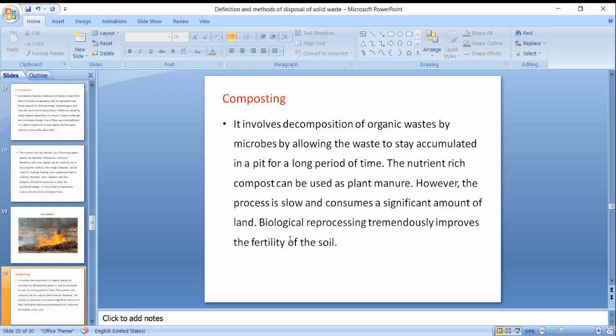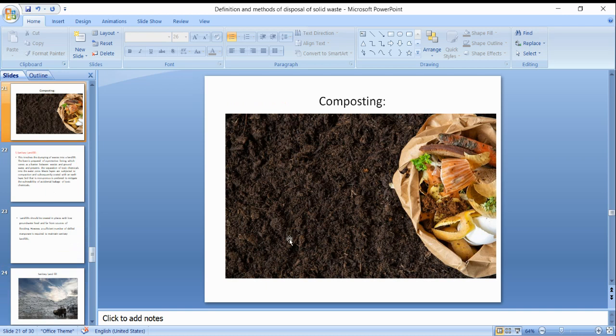If you do composting a number of times, the fertility of the soil is also developed, and at the same time we are producing manure for plants. The drawback is that it is a slow process and requires more land. Here we can see the waste in the bag which, if we put it into the soil, will form manure like this.